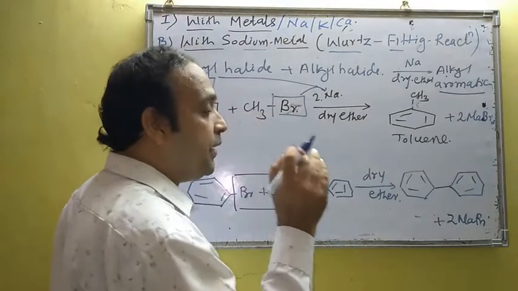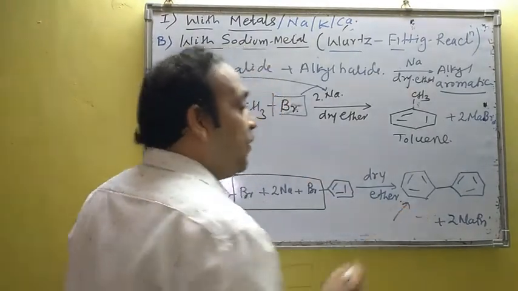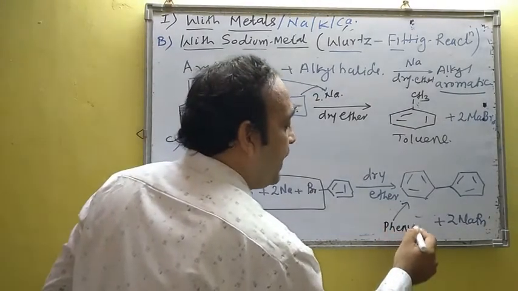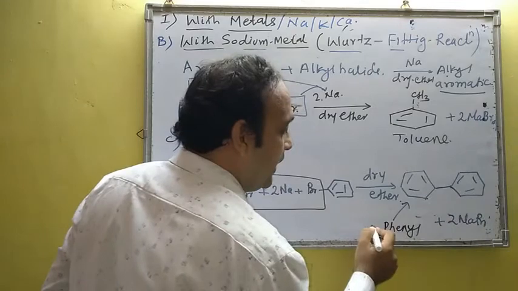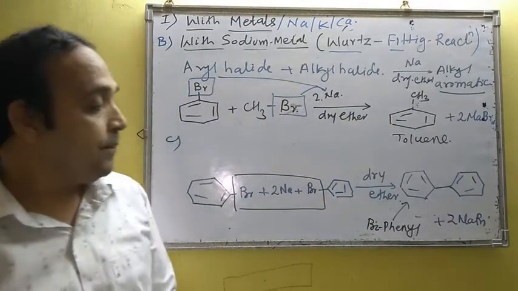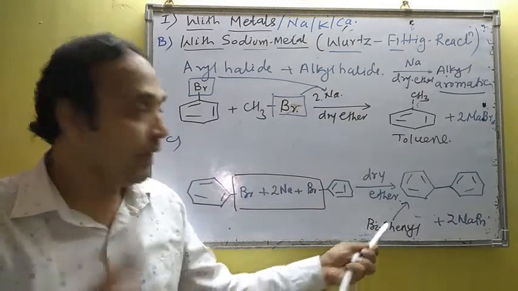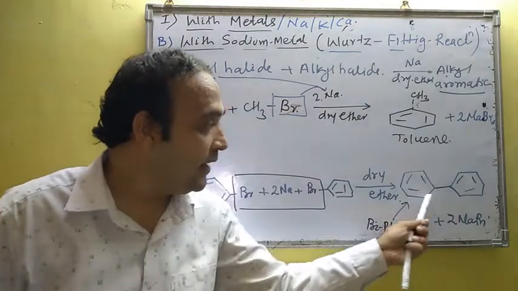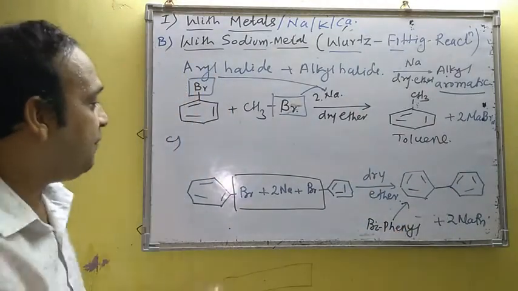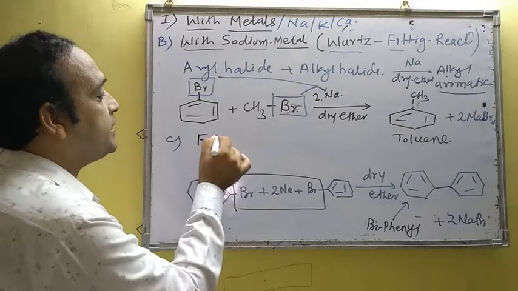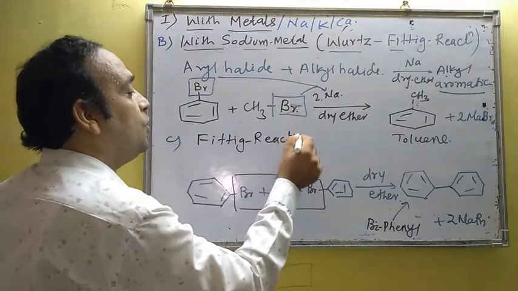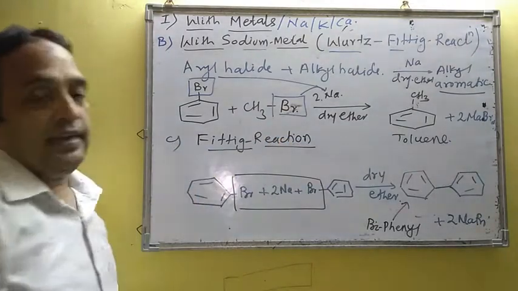Now substituted benzene, it is called as phenyl, and two phenyl rings are there. That's why prefix is bi, यहाँ bi का मतलब रहता है two. Now two phenyl rings joined by carbon carbon single bond, it is called as biphenyl, and this reaction is known as Fittig reaction.